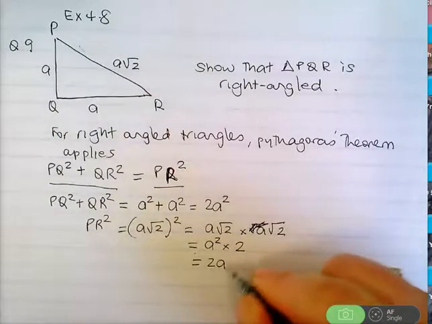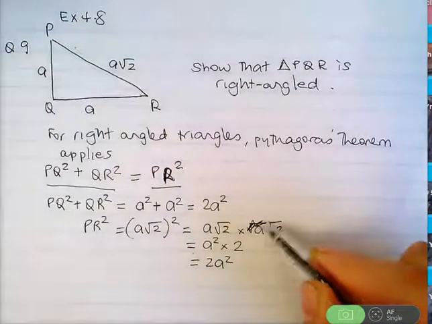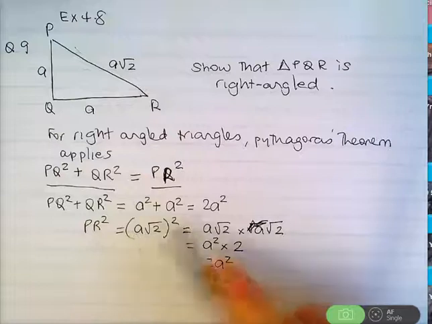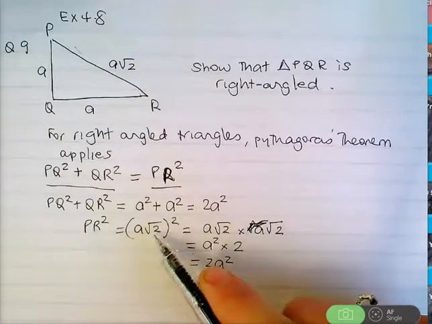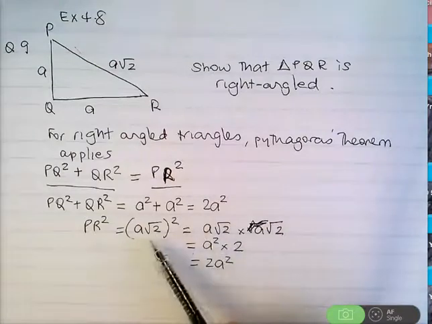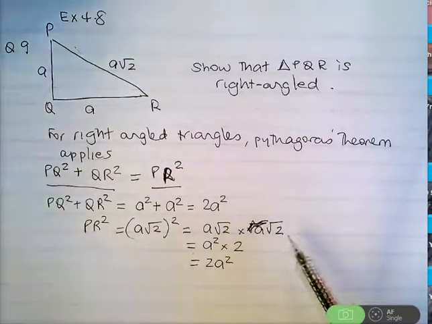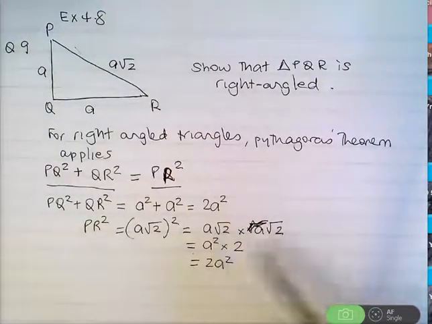So it's also 2A squared. Can you see that? I could have just said A squared is A squared, root 2 squared is 2, or I've written it out here that A root 2 squared is A root 2 times A root 2. A times A is A squared, and root 2 times root 2 is 2, giving us 2A squared.